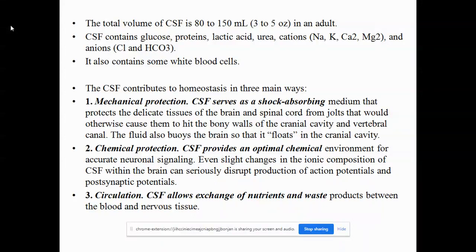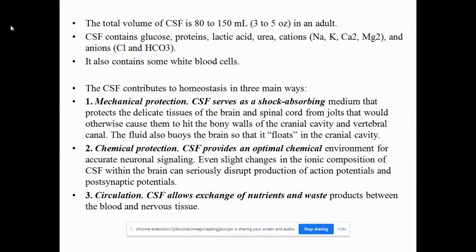So, what is mechanical protection? As I told you, CSF acts as a shock absorbing medium that protects the delicate inner layers of the brain and the spinal cord. You see, the brain is a very delicate, soft tissue. Spinal cord is also very soft. So, it has to be protected and preserved inside the heavy bony structures of the vertebra and the cranium.